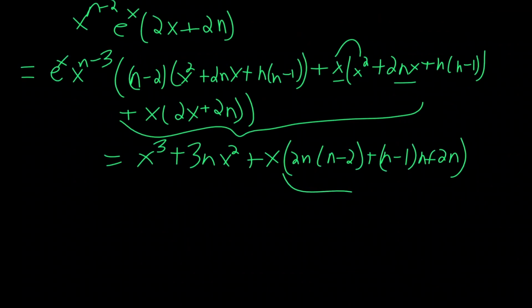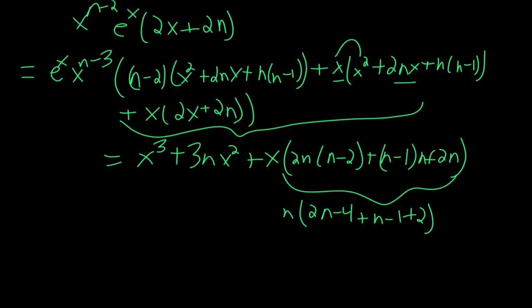And simplifying this term right here, if we factor out an n real fast, we see that we get 2 times n minus 2, so that's going to be 2n minus 4, and then plus n minus 1, and then plus 2, right? And you'll see that we can group these terms again, right?